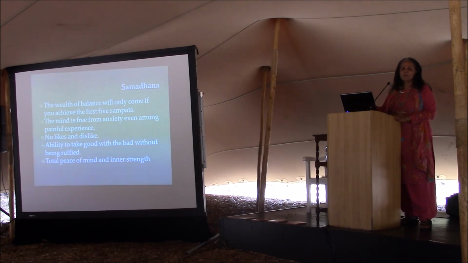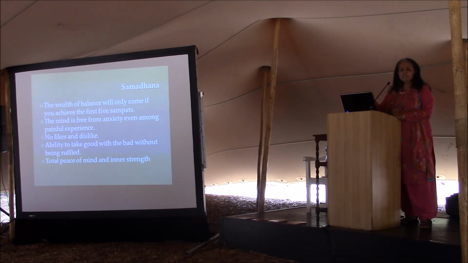So if you've got the balance, you've got the abstinence, you've got the faith, then the Samadhana means Sama is balance and dhana is wealth. So the sixth wealth is a mind free from anxiety even among painful experiences. This is what I always remember my guru saying, okay, Saturn is going, but learn to deal with it.